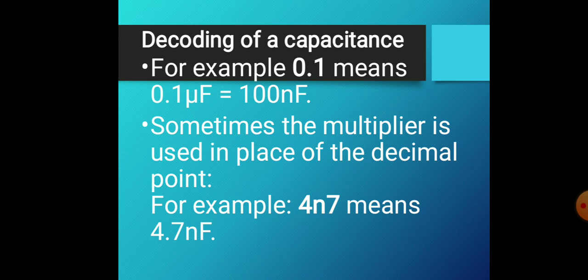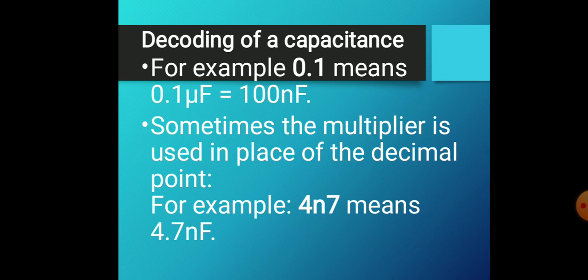Okay, so this is how we decode a capacitor. For example, 0.1 means 0.1 microfarad. If what is printed on the body is 0.1, it means it is already in microfarad. But if the number is composed of three digits like 102, that means 1000 picofarad.